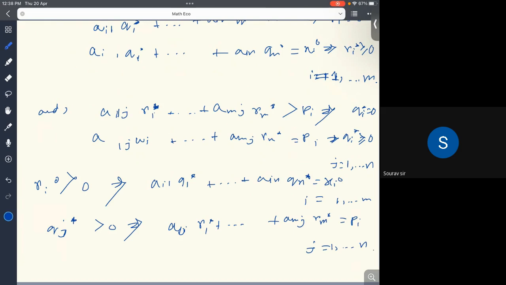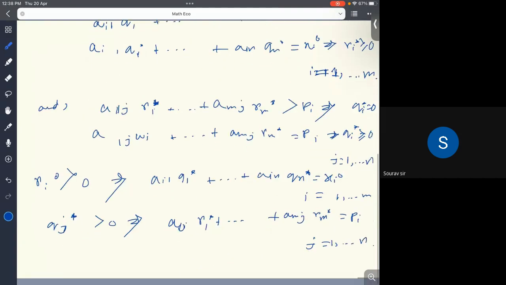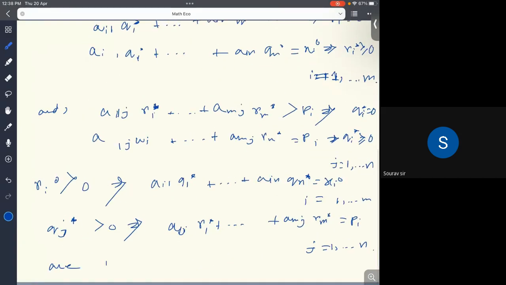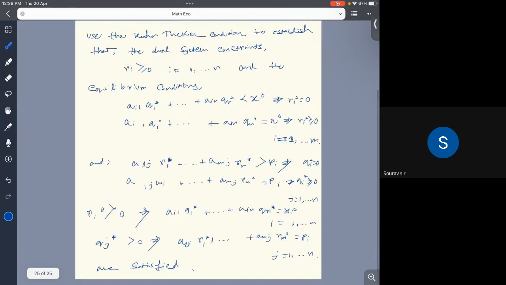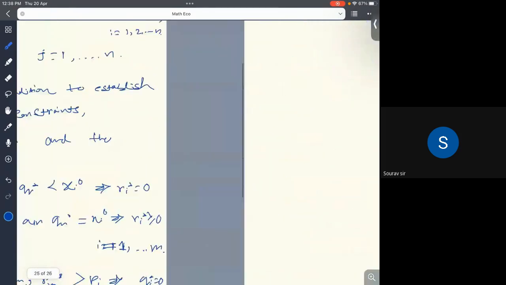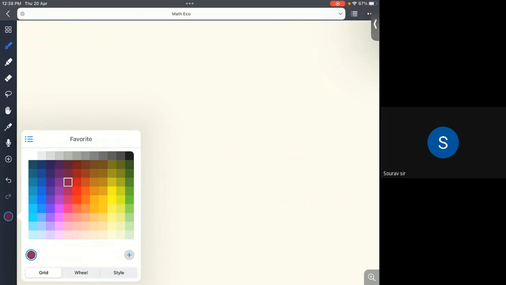So these are the huge conditions they mentioned, and they said these all are satisfied. So I think we'll not be able to solve this problem line by line. Just try to understand the structure of the problem, and let's try to solve it in a different way.